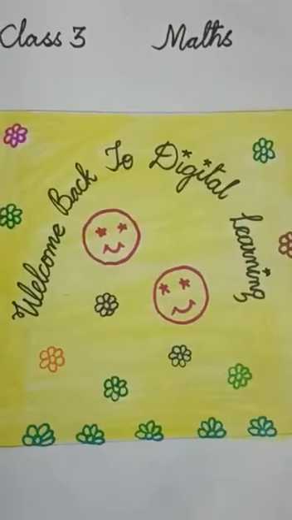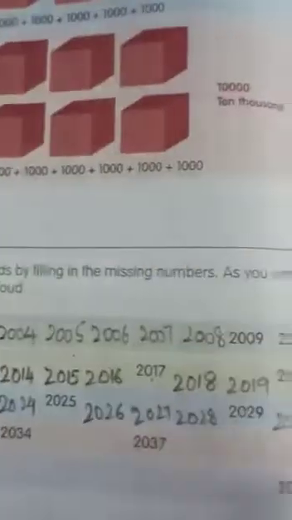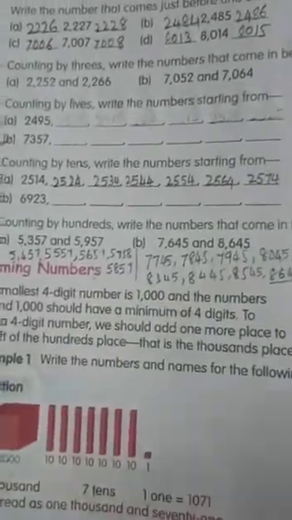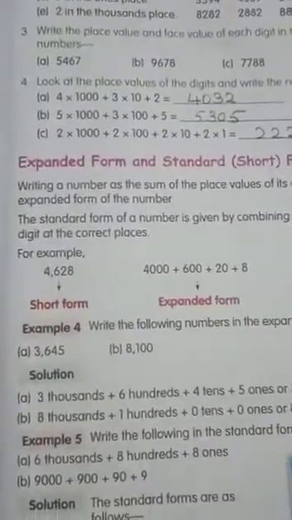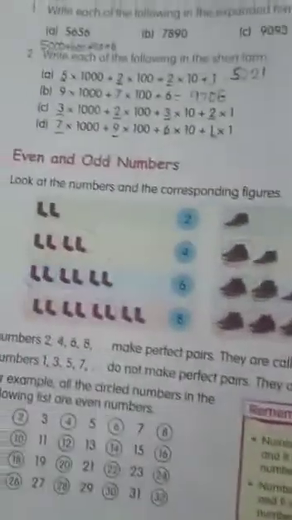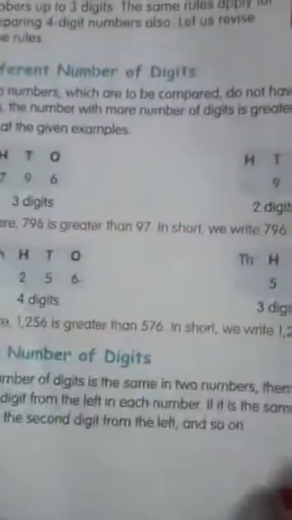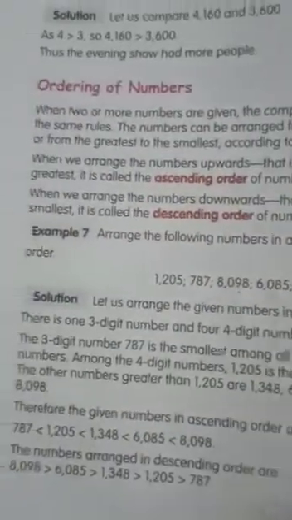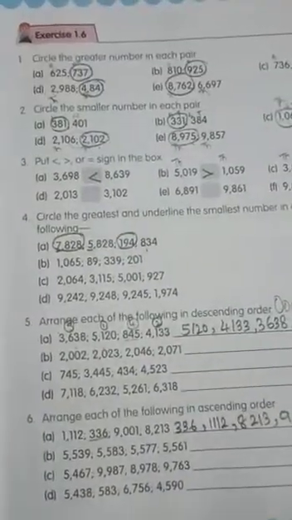We have completed 4-digit numbers, counting in thousands, forming numbers, how to form numbers, numbers on the abacus, place value and face value, expanded form and standard form or short form, even and odd numbers, predecessor and successor, comparing numbers, that is greater than, less than or equals to, ordering of numbers, ascending order and descending order. So we have completed till exercise 1.6.